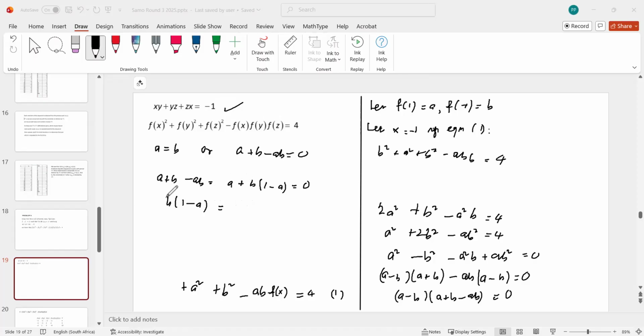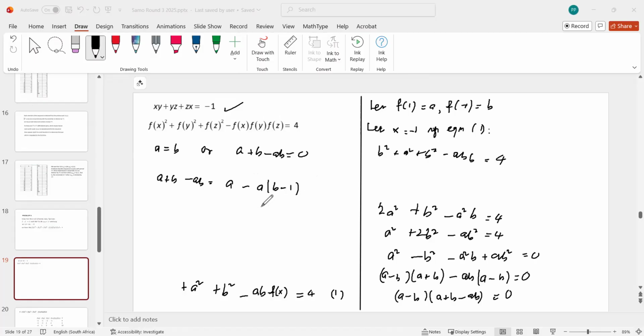Actually, what I want is, I'm trying to get a common factor here. I think I'd rather write this thing down as a plus b minus a. Sorry, let's make this thing a minus a into b minus 1.